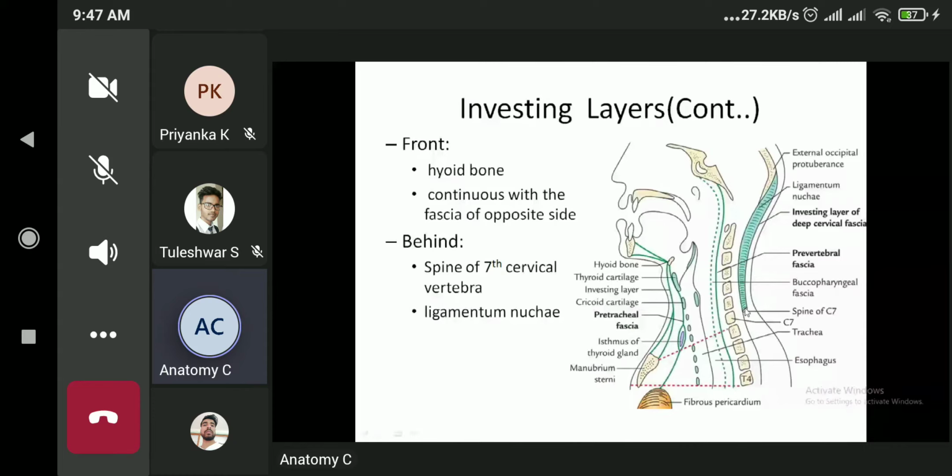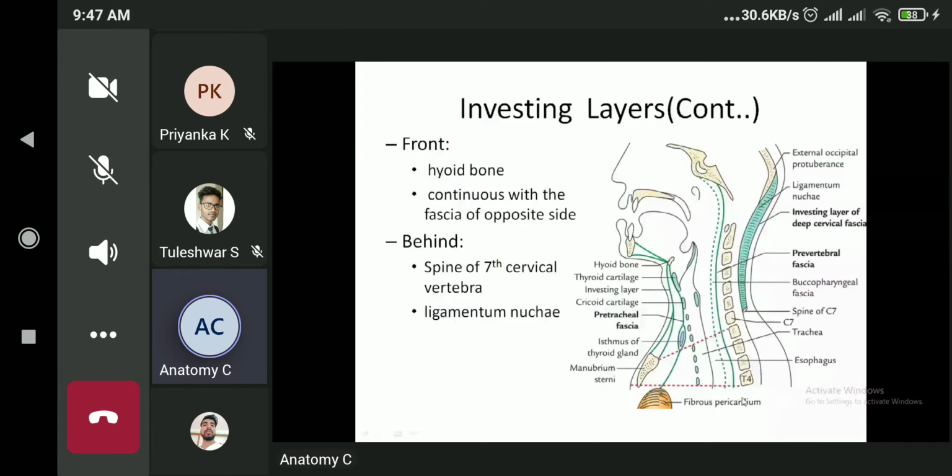So can you recall the structures? Superiorly, the investing layer is attached to the external occipital protuberance, then the superior nuchal line, the mastoid process, the external acoustic meatus, base of mandible, and symphysis menti.